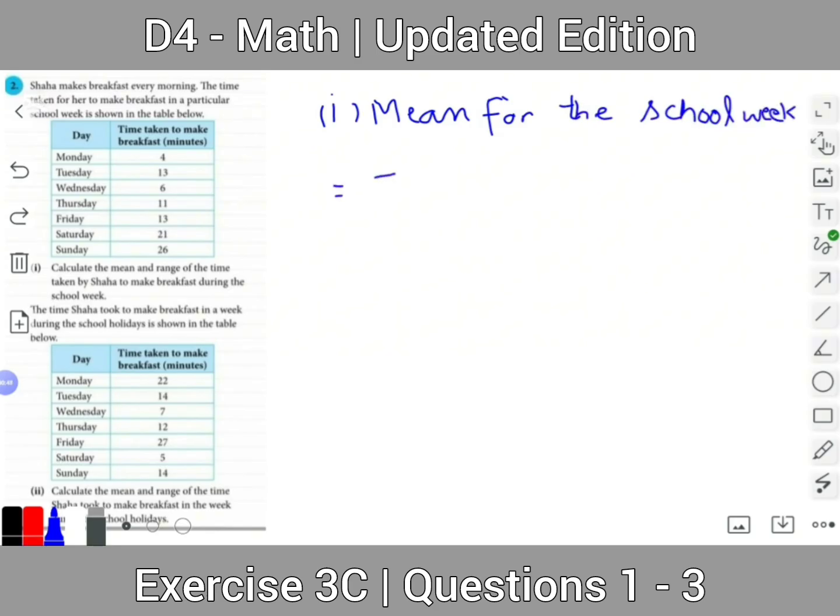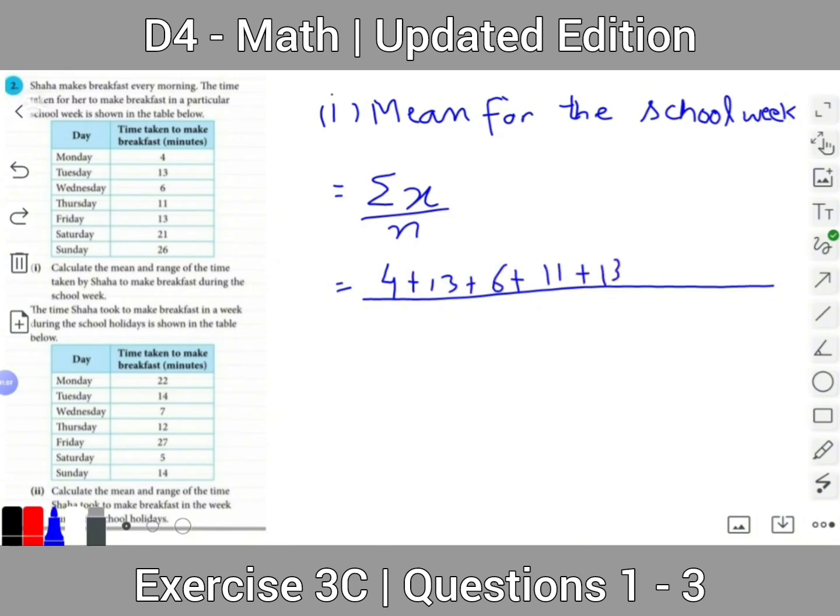So we can find it using the formula summation x over n. Now we will write down the data values. Those are 4 plus 13 plus 6 plus 11 plus 13 plus 21 plus 26. Now we will count the data values, and there are 1, 2, 3, 4, 5, 6, 7.